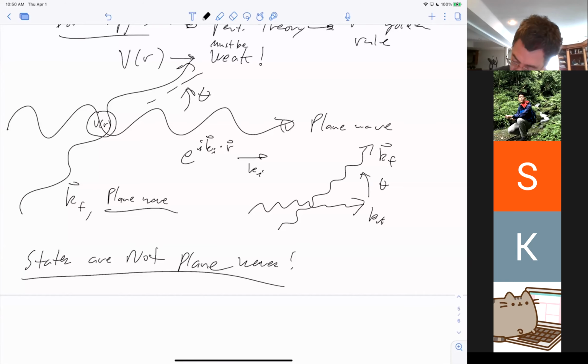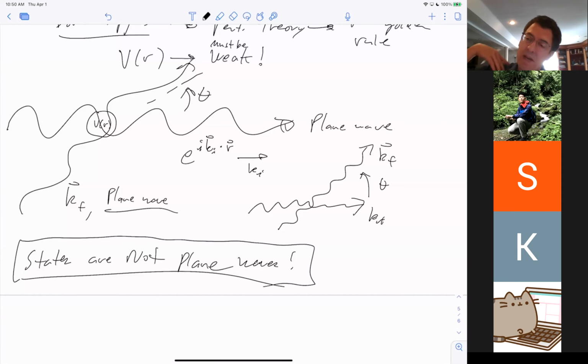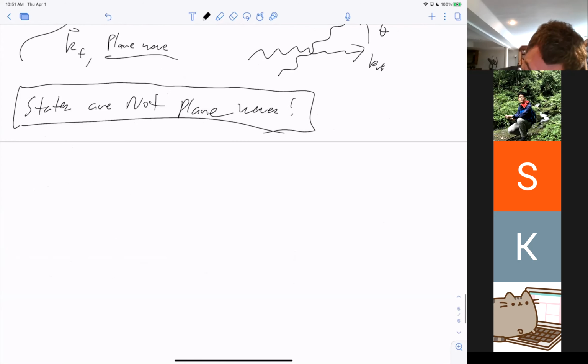So the Born approximation is great if you can make the approximation that the initial and final states are plane waves. But sometimes you cannot make that approximation. Sometimes the actual states are very different from plane waves. And so that's what we have to take into account. And that's what we're going to do now. And so, the states are not plane waves.